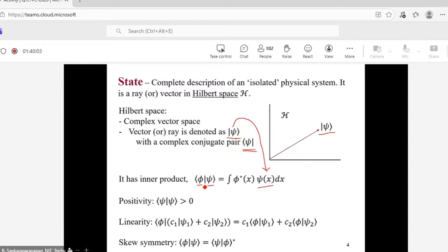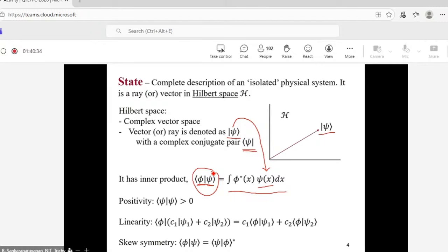Then we take what is called the inner product, defined as ket psi multiplied by bra phi. This notation is equivalent to the integration of phi star of x into psi of x into dx. The entire integration is represented by this simple notation.